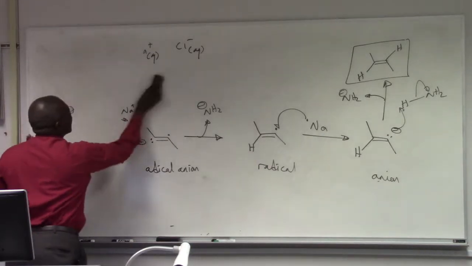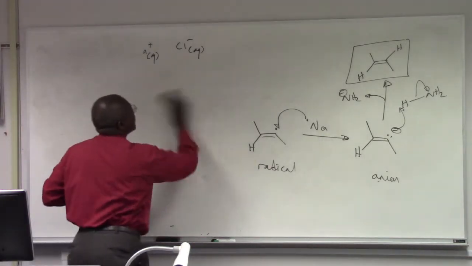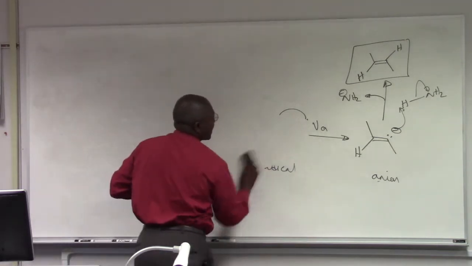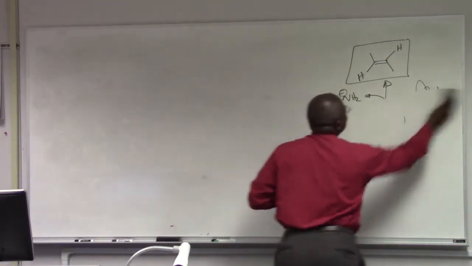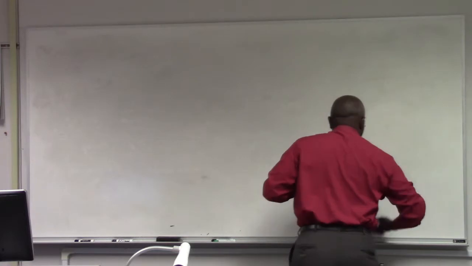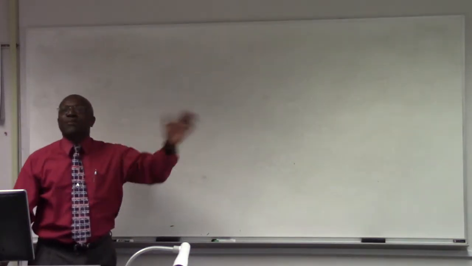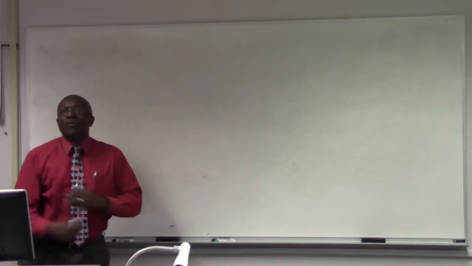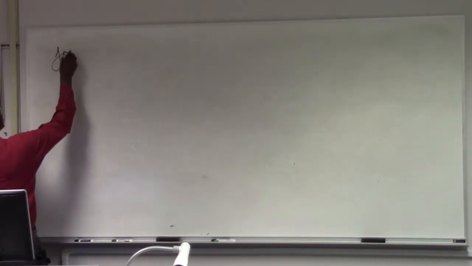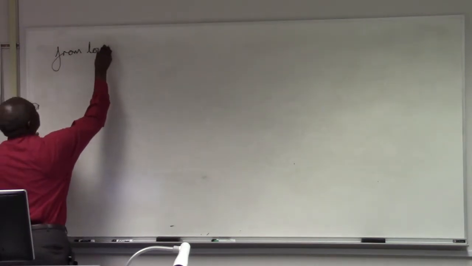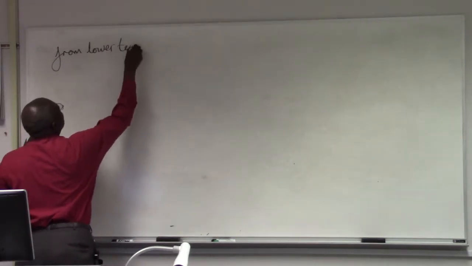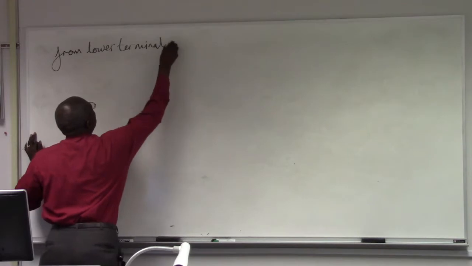The other way of making alkenes from alkynes is from what we call lower alkynes, and I'll qualify that in a second. A lower alkyne is simply an alkyne with a smaller number of carbons. And really, what we should say is from lower terminal alkynes.